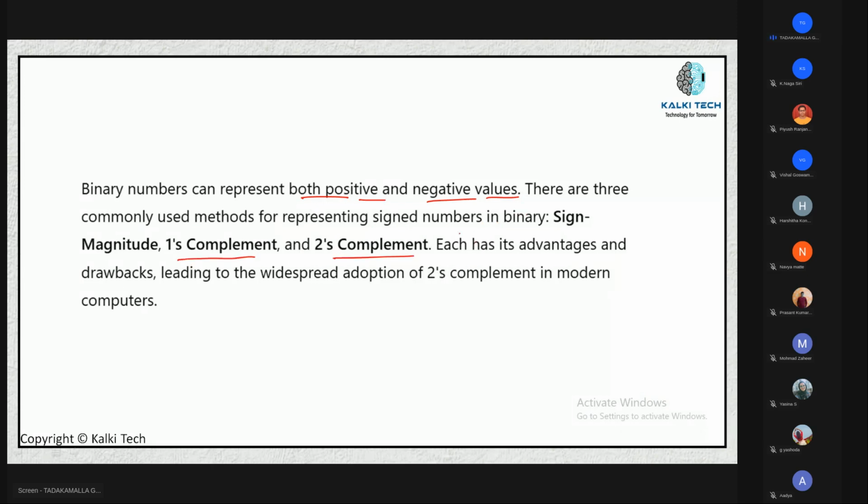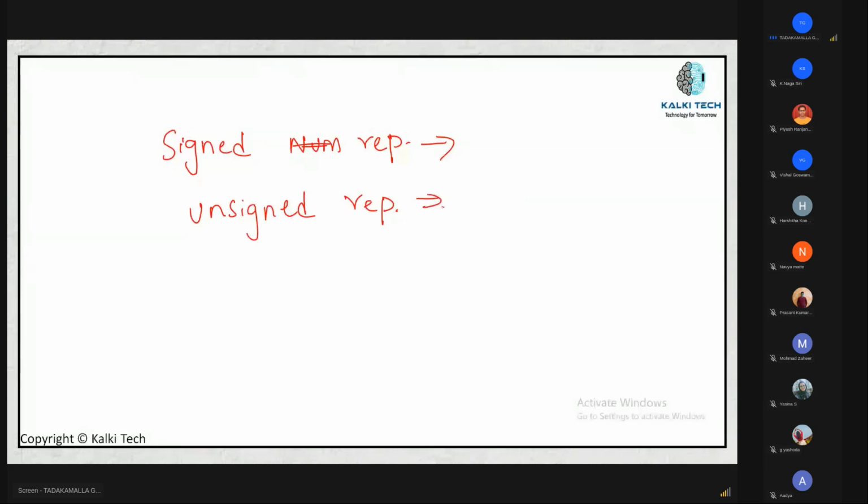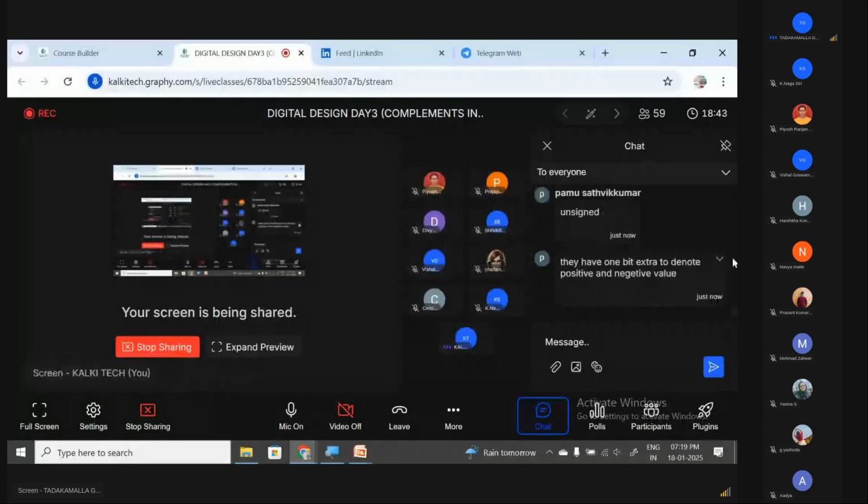What do I mean by signed numbers, and what is the difference between signed and unsigned representation? What is meant by signed and what is meant by unsigned?